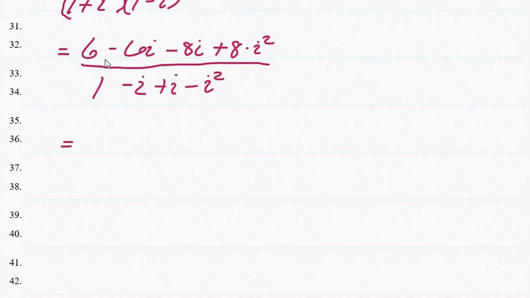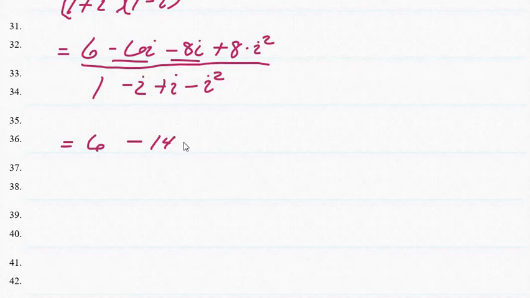Okay, so let's look at this. Let's go ahead and write the 6 in. So we got negative 6i minus 8i is going to be negative, what's 6 plus 8? It's 14.